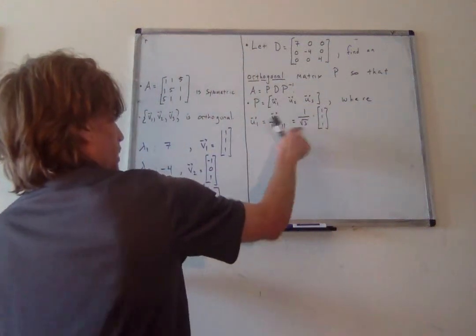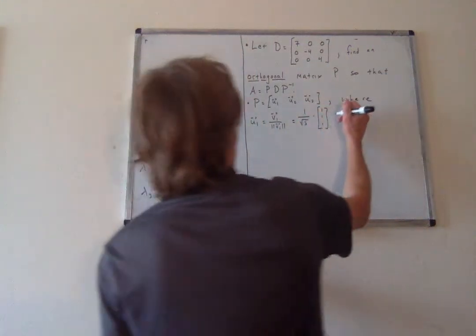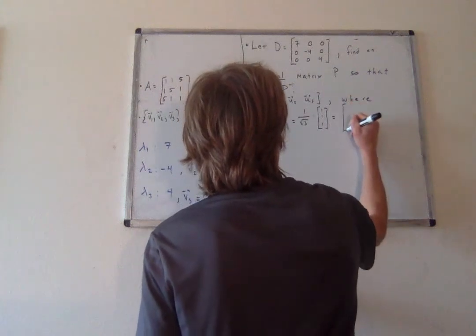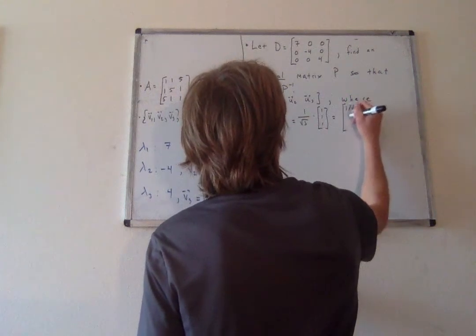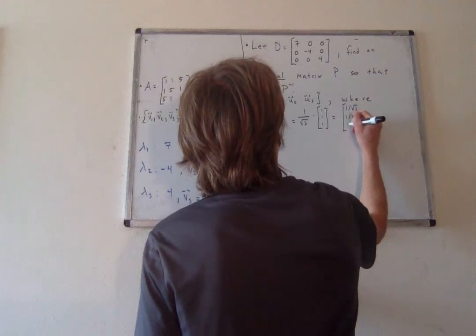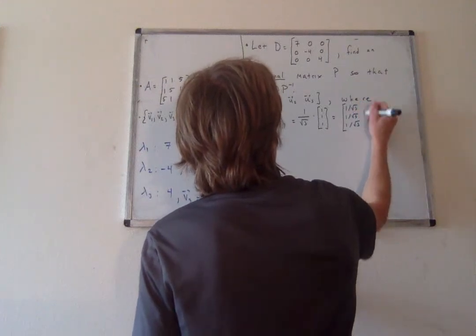The norm of V1 is the square root of 3. V1 is the vector 1, 1, 1. So this is the vector 1 over root 3, 1 over root 3, 1 over root 3.